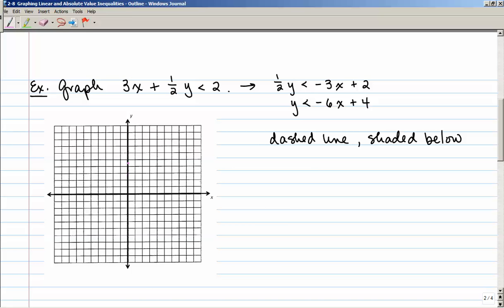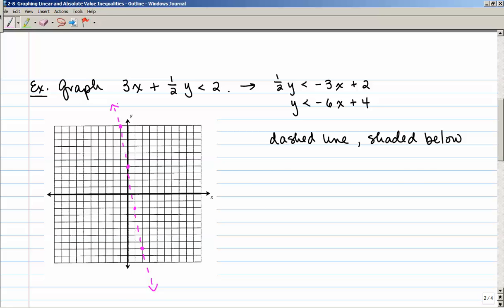So my y-intercept is 4, and I want to go down 6 and right 1, or up 6 and left 1. And it needs to be a dashed line, so let's fill in with some dashes here. Doesn't have to be perfect, just needs to be obvious that it's dashed.